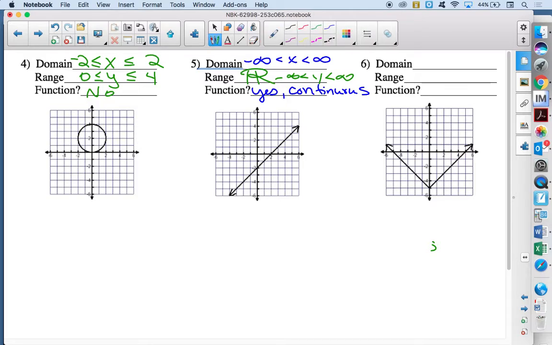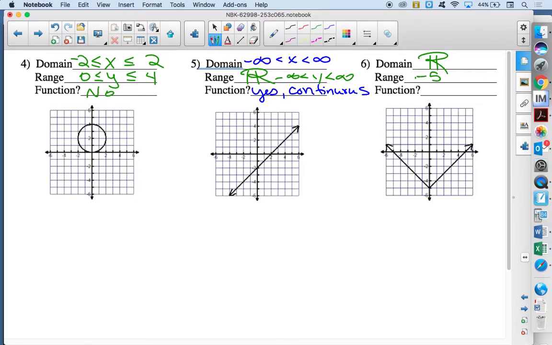What is the domain of number 6? Ethan? So the domain is all real numbers because it's going to touch every x. It's going to continue to get wider and wider and wider and stretch to the negative and stretch to the positive values. Julia, how about the range? It's the lowest value. -5. -5.